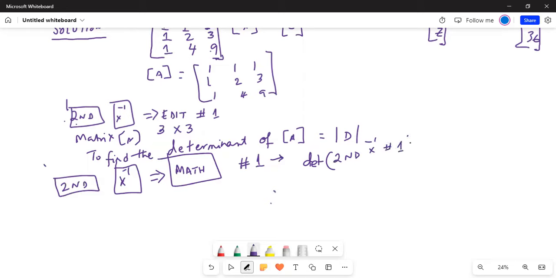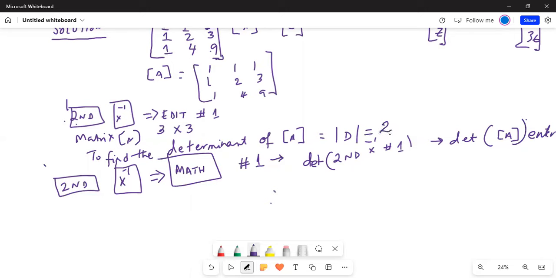That will lead to det, the determinant, inside the parenthesis matrix A. Close it with the right parenthesis and hit enter. So the determinant of A is equal to 2.